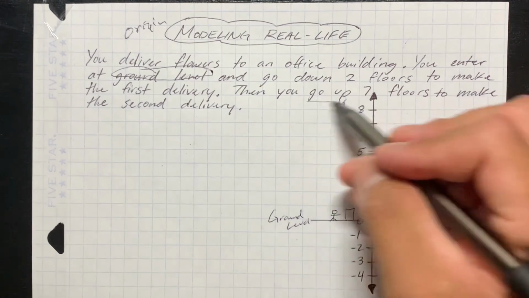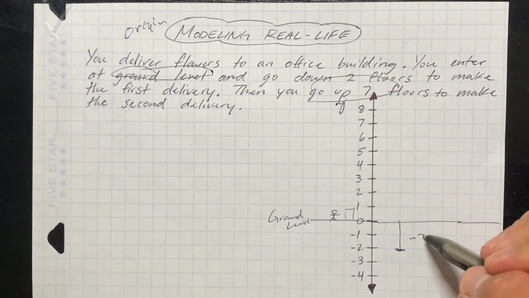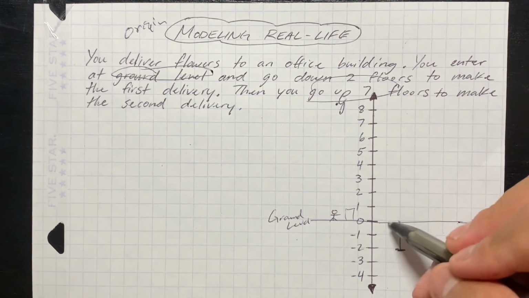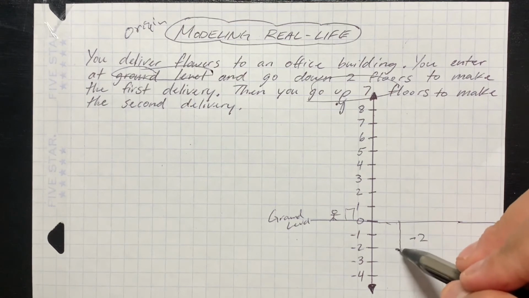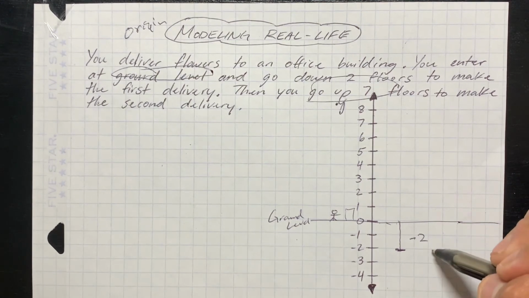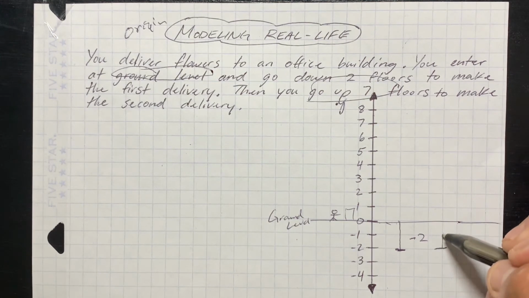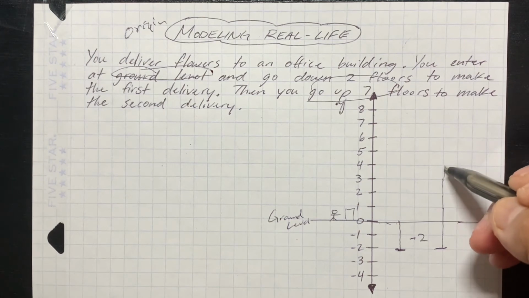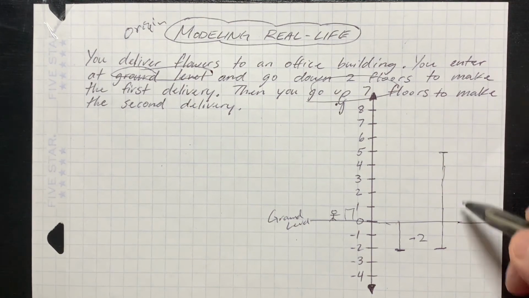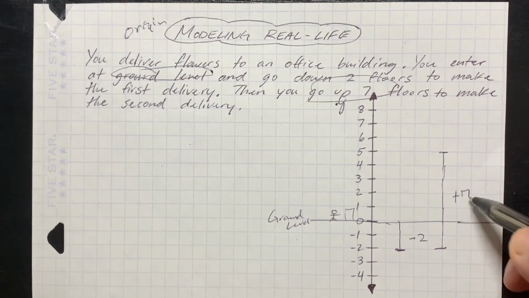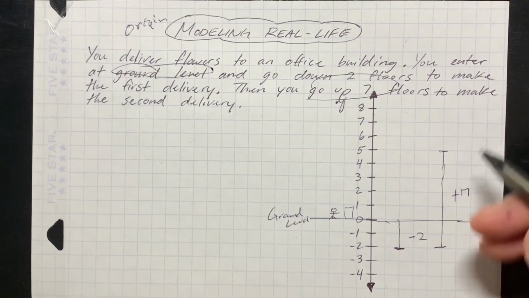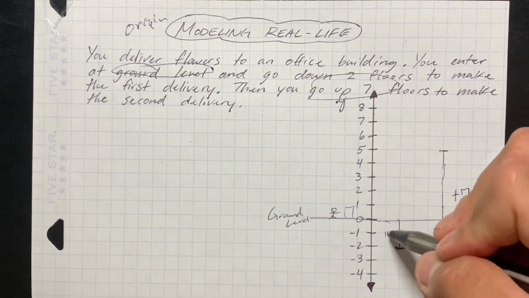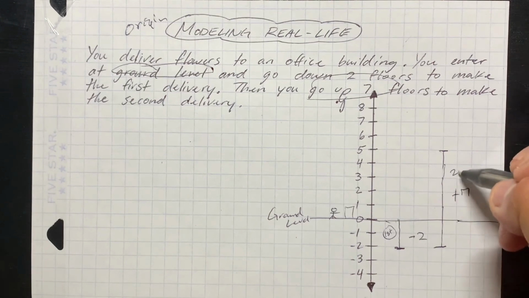And then it says you go up 7 floors. So we went -2 down here to go from the origin, ground level, to deliver our first set of flowers. From here, again, you go up 7 floors. So 1, 2, 3, 4, 5, 6, 7. Boom. So you're going to go +7. So you went up 7 floors to make your second delivery. Okay, so I'll put first delivery, second delivery.